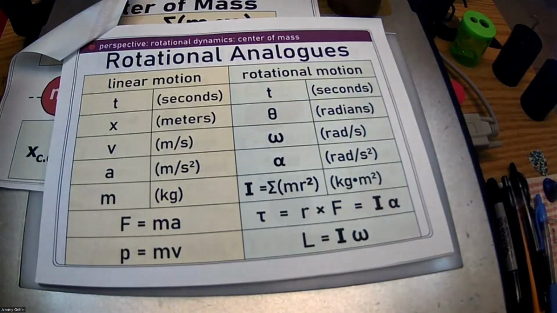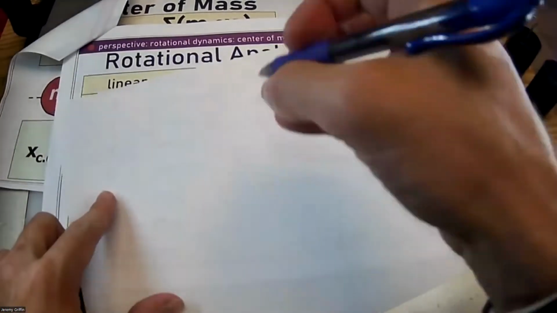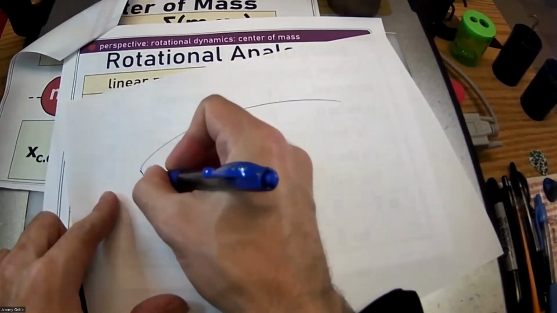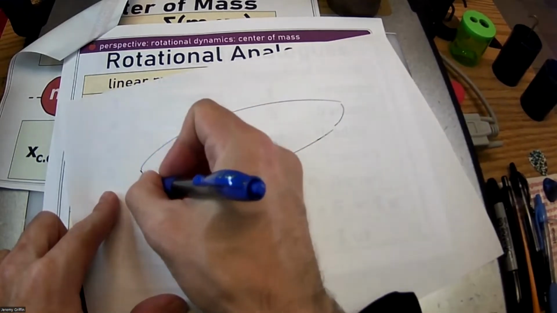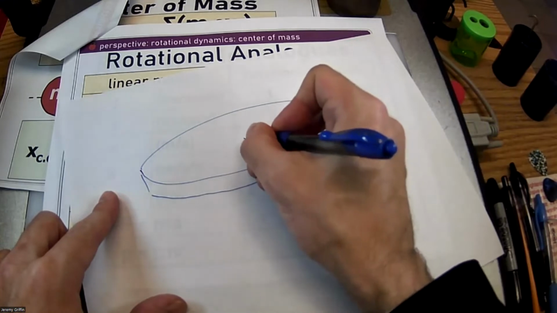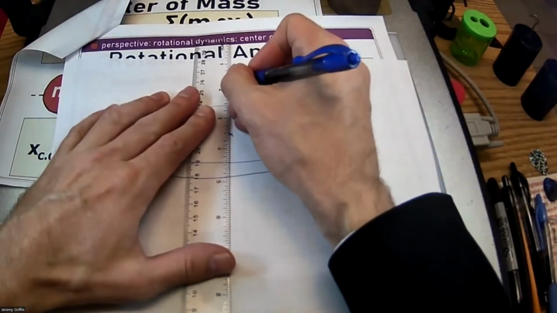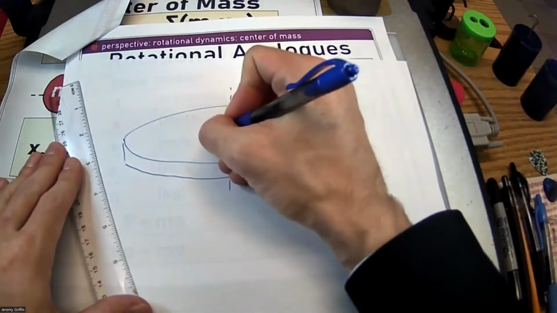If I draw this out, I've got this turntable. Got some width to it. Here's the center that it's rotating about. So here's the axis of rotation. Got some mass.